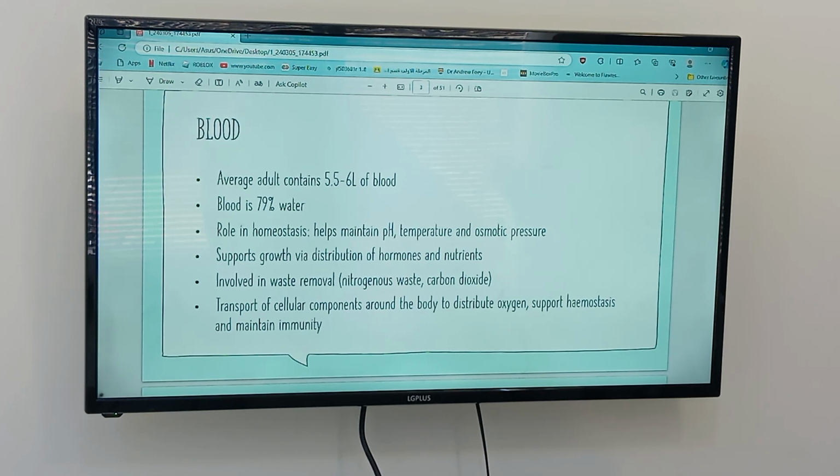Moreover, it transports materials such as nutrients and hormones. When hormones are secreted in the glands, how can they be transported to other organs? By the blood.